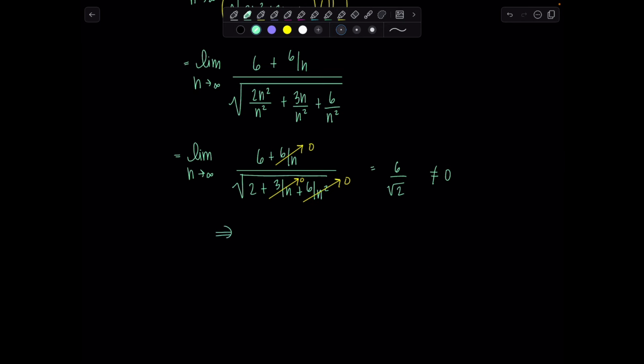So then just summarize your findings. That means the sum from n equals 1 to infinity of 6n plus 6 over the square root of 2n squared plus 3n plus 6 diverges by the test for divergence.